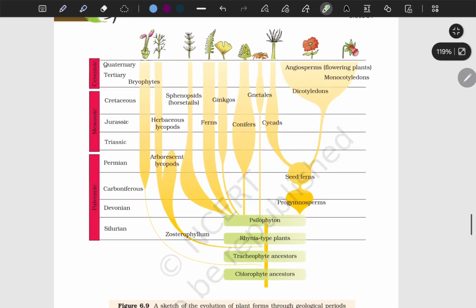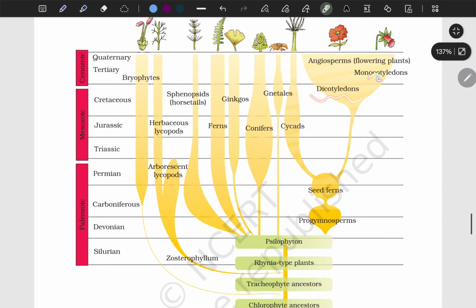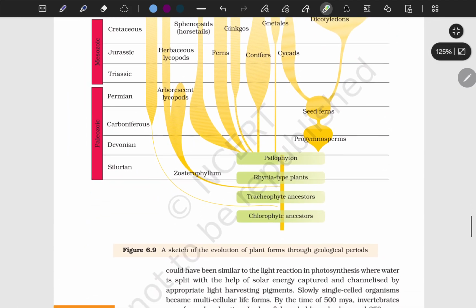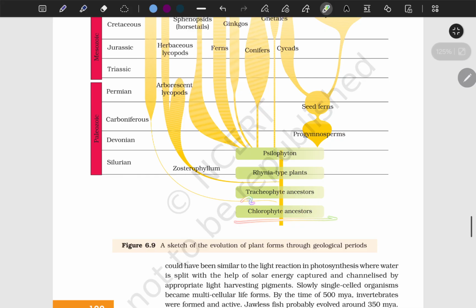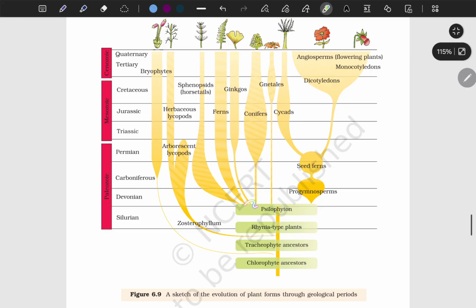So here we can see that dicotyledons evolved first, then the monocotyledons. Whereas chlorophyte ancestors give rise to tracheophyte ancestors, which give rise to Rhynia-like plants and the Coelophyton. Coelophyton further give rise to sphenopsids, ferns, ginkgos, conifers, gnetales, cycads, progymnosperms, seed ferns, and the angiosperms.